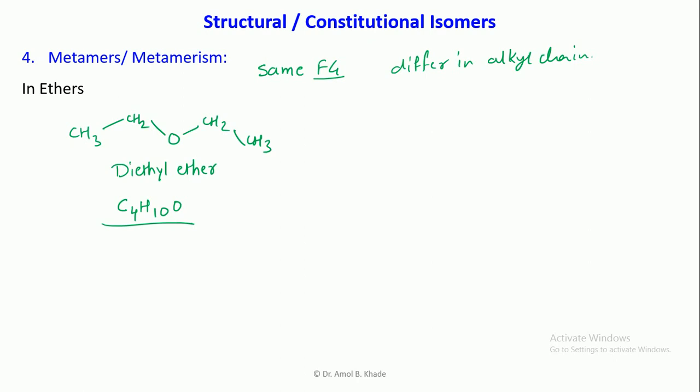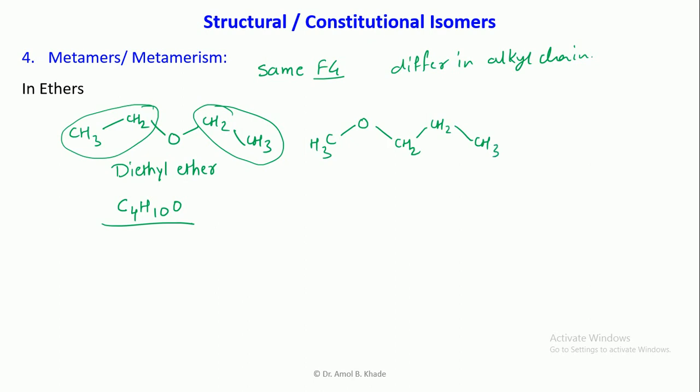So the same thing I can arrange in a different way. Here you can see this alkyl chain and this alkyl chain are the same. Now here I will change the alkyl chain. Instead of ethyl, I have attached methyl, and then CH2, CH2 and CH3. So on the right side, instead of ethyl I have attached a propyl.